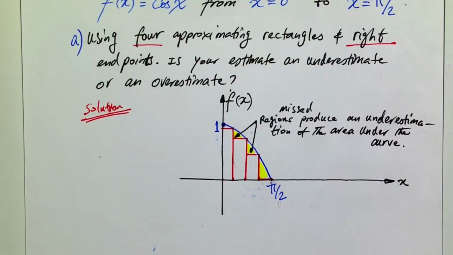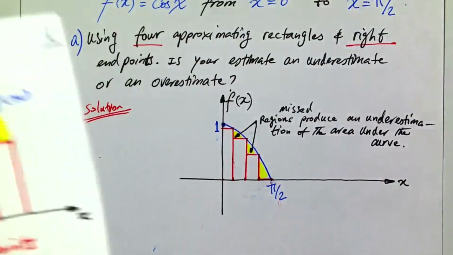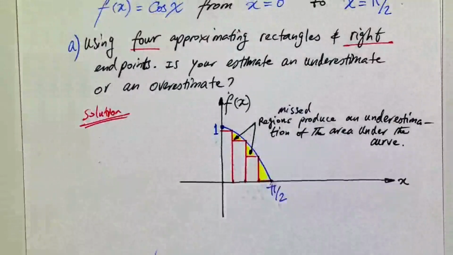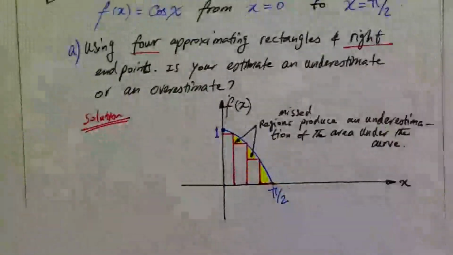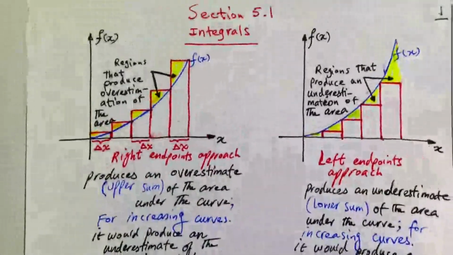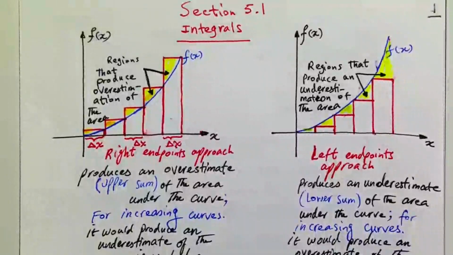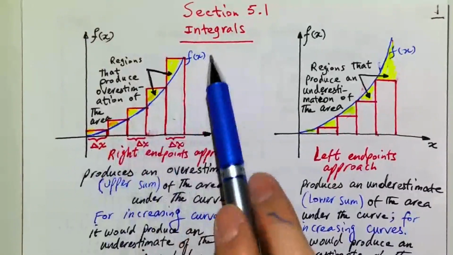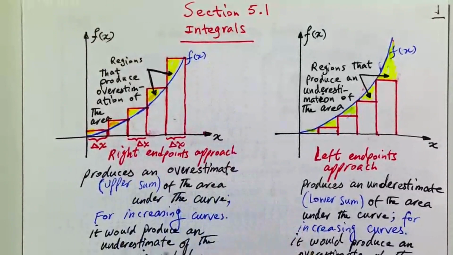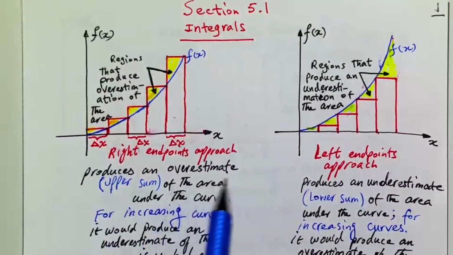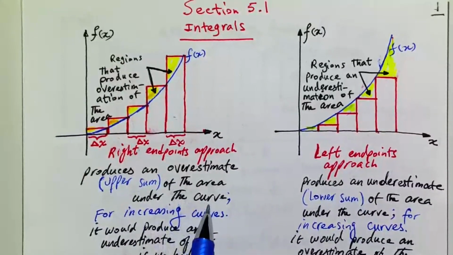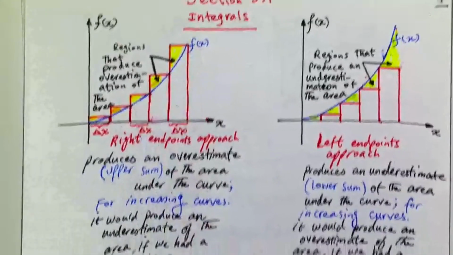Okay. What did we say when we talked about increasing and decreasing? We said that if you have an increasing curve like that, the right endpoint approach overestimates the area under the curve. If you have an increasing function, but what did we say?